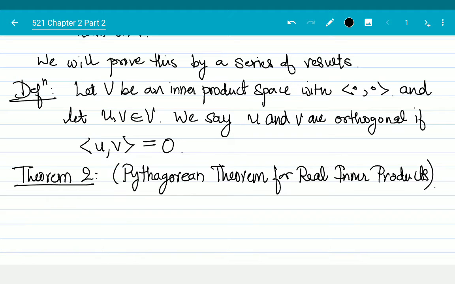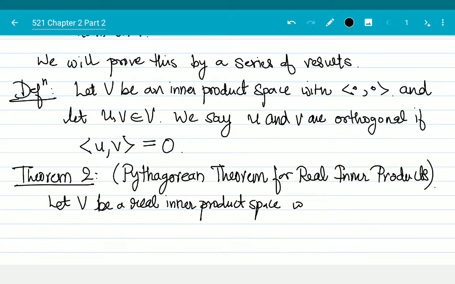This is a generalization of that, which says: let V be a real inner product space with inner product dot dot, and let U comma V belonging to V be orthogonal.